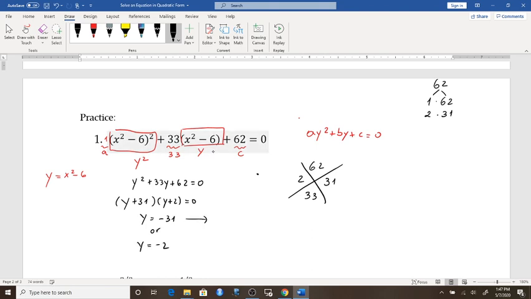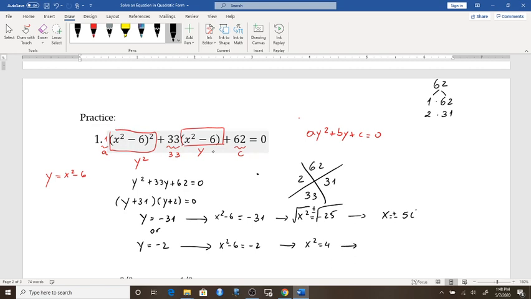Now we come back to the previous substitution. We know that x squared minus 6 is equal to negative 31, and from here we have that x squared minus 6 is equal to negative 2. So we can add 6 to the first one, so x squared is equal to negative 25. We can add 6 to the second one, x squared equal to 4. From here we take the square root and put a plus and minus, so we end up with x equal to plus and minus, the square root of a negative number is i, so this is 5i.